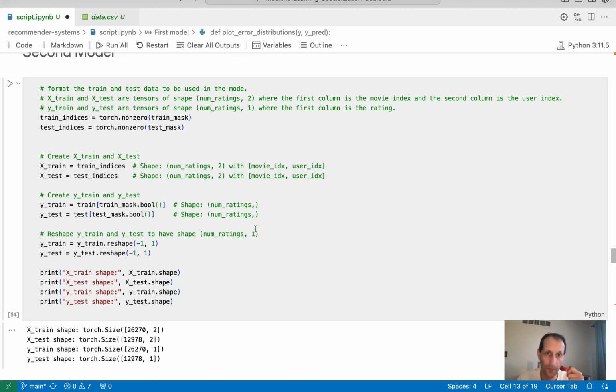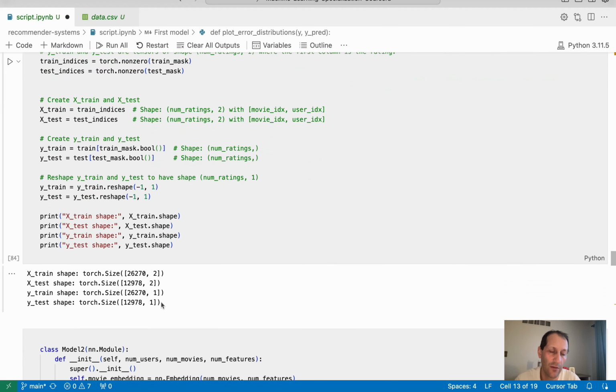Each row in X and each row in Y would be a combination of a movie and user pair. X is essentially the two vectors for that user and the movie, and Y would be their rating. And that's what I'm doing here.